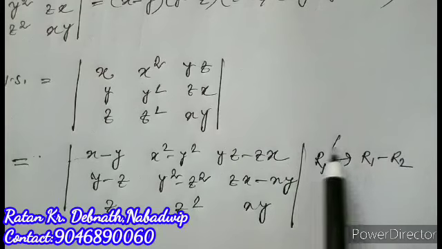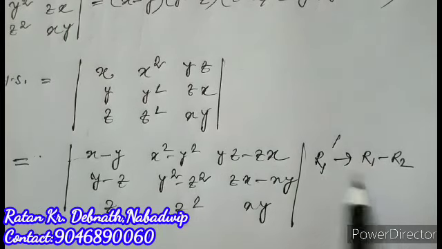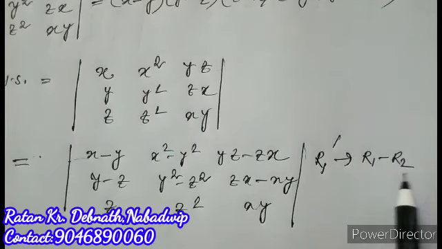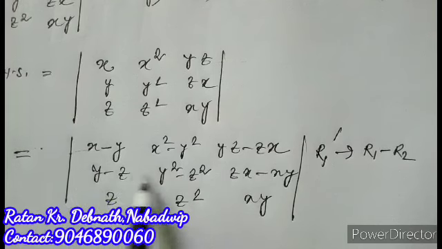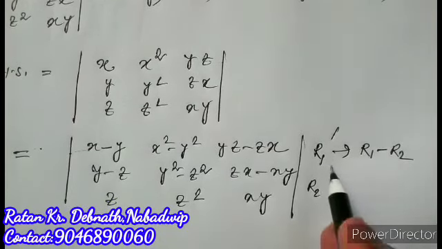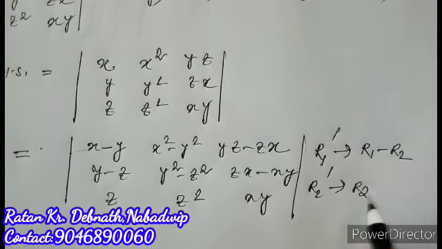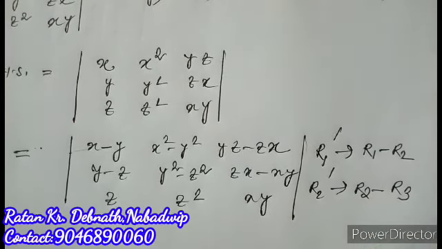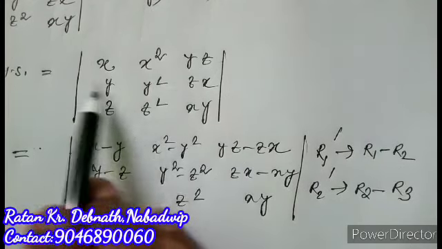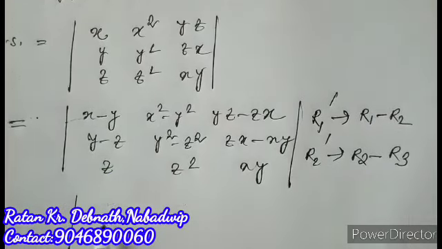So new R1 is formed by old R1 minus old R2, and new R2 is made up of R2 minus R3. This is new R2, that is R2 prime, made up of subtracting the third row from the second one.